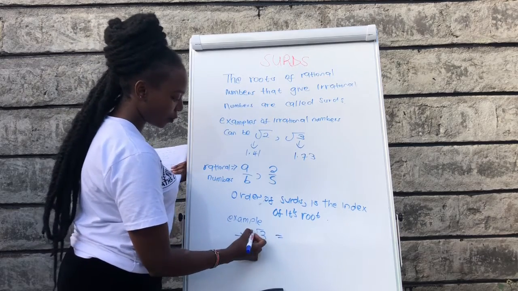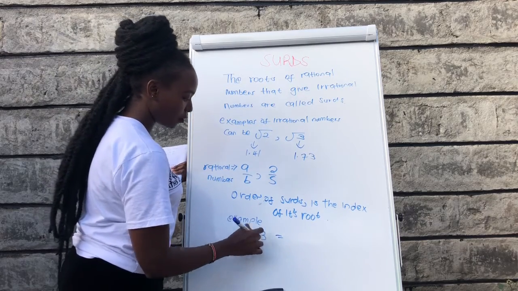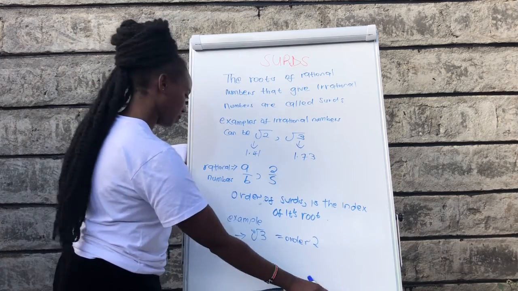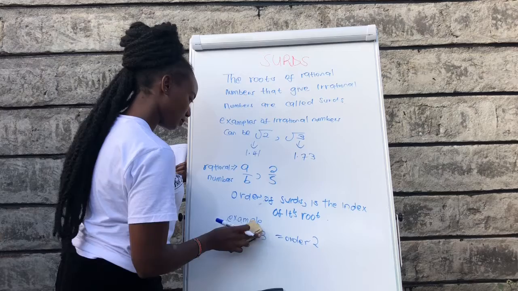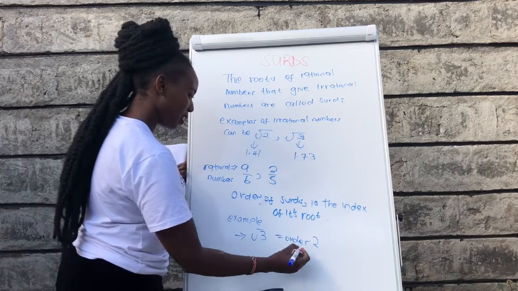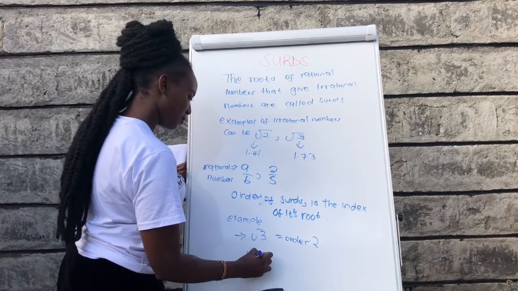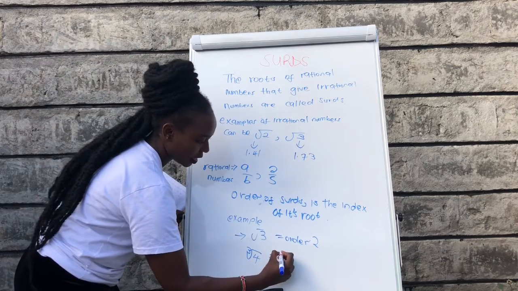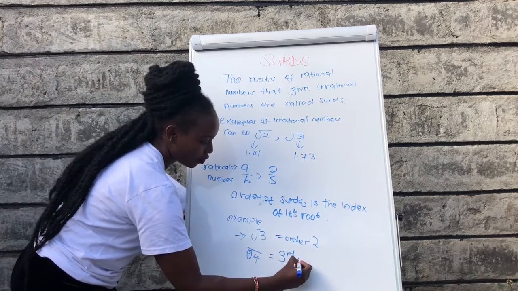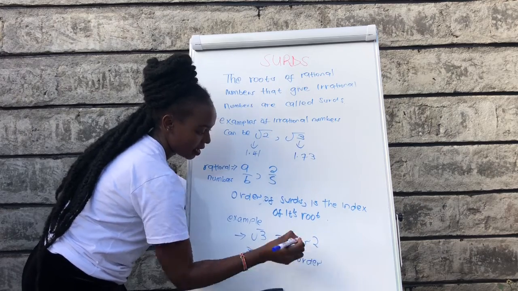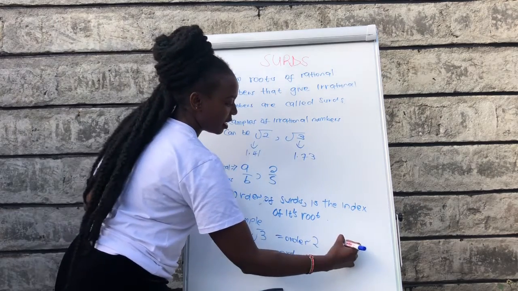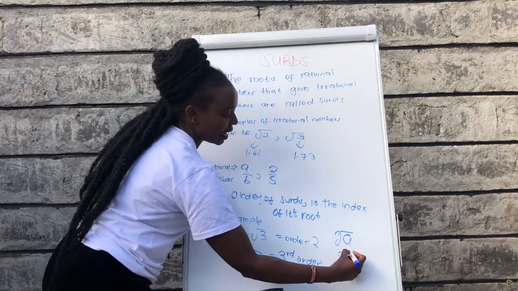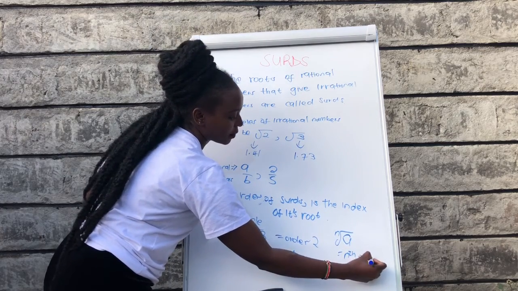This is the square root, so it's of order 2. Given maybe the cube root of 4, it's of the third order, and given the nth root of a, it's of the nth order.